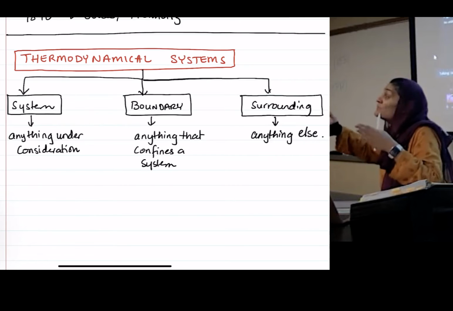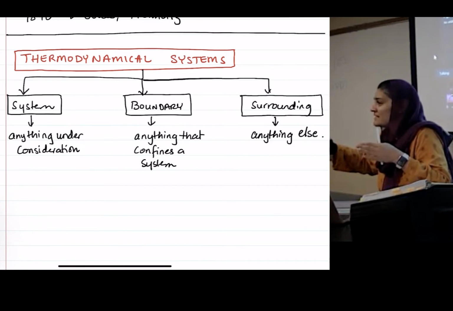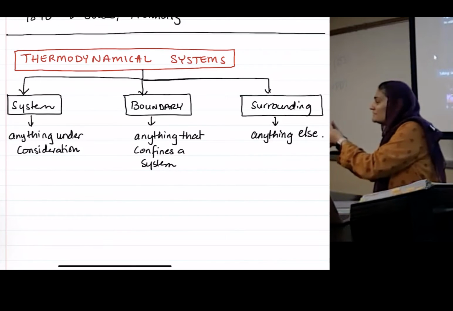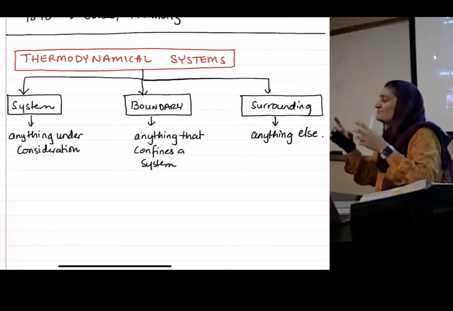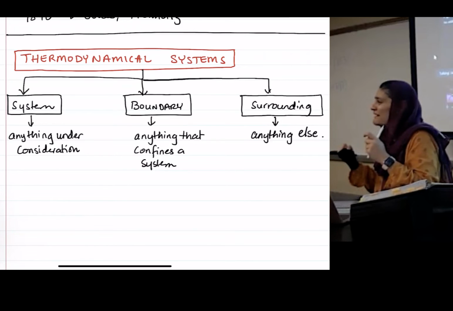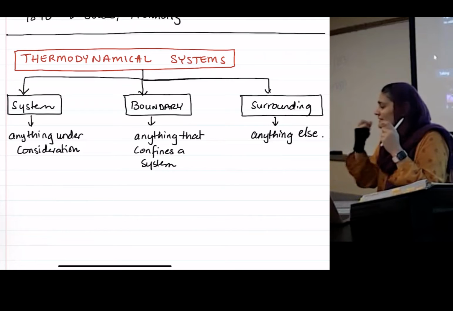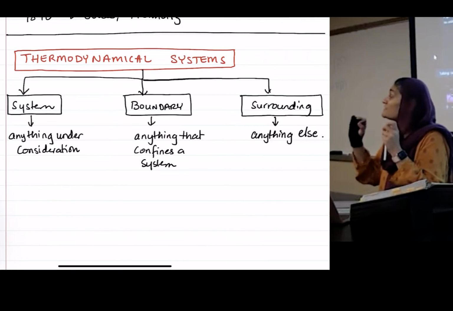But that boundary still exists as long as we are a system. Make sense? So the boundary could be a real one or a less limiting one. You guys get the picture, right? So the boundary is very hard to define.